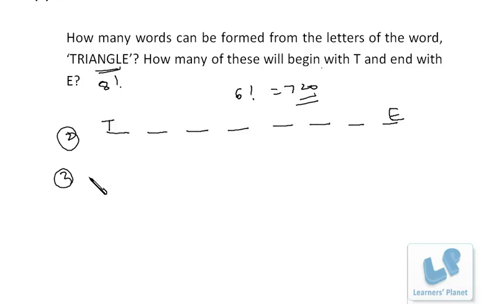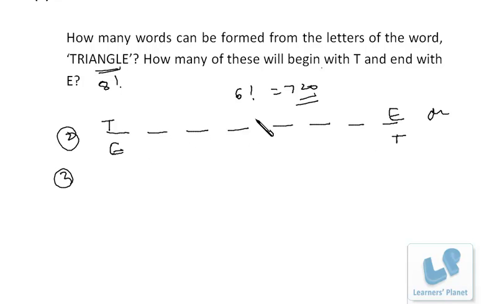I would like to share the third case also, when it is told that T and E should be at the extreme places. That means this is the first position, this is the last position, so we call them extreme positions. Now if the question is that T and E should be at extreme positions, that means at the first place T and the last place E, or at the first place E, last place T. So that is also acceptable.